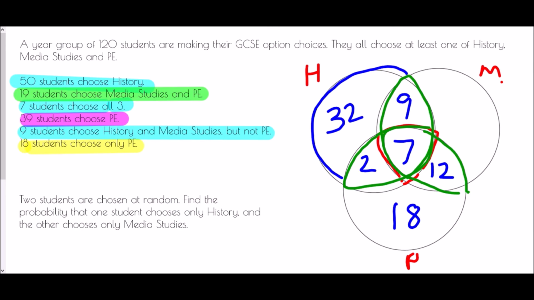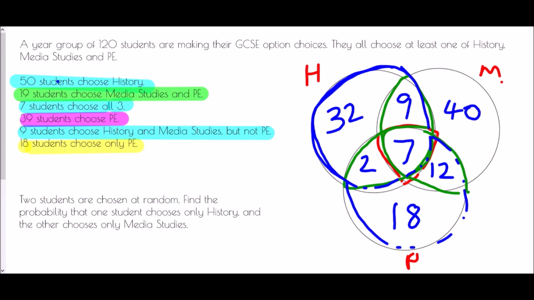We know that this circle for history is 50, so we can already say this piece is 50. If we add the other two sections, we know 50, 62, 70, 80 to get us to here. And so the last section, we must have 40 students who only selected media studies to make the 120 in total.